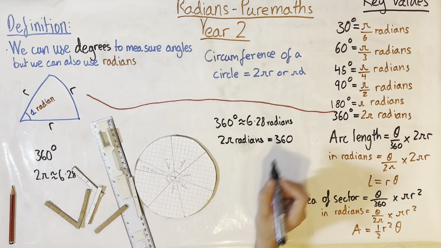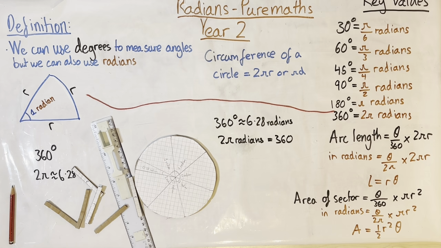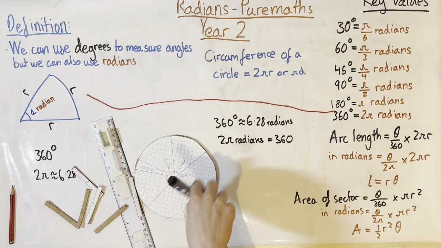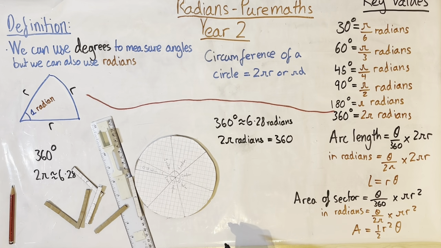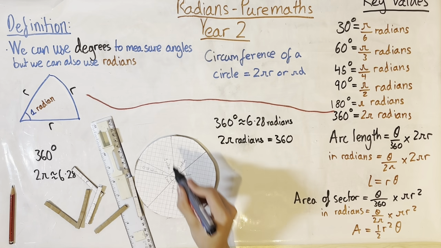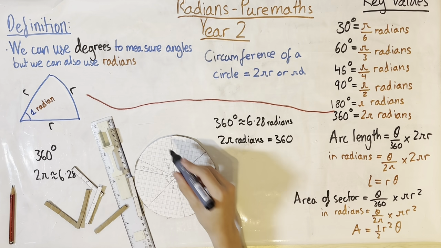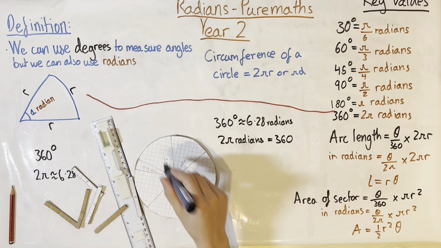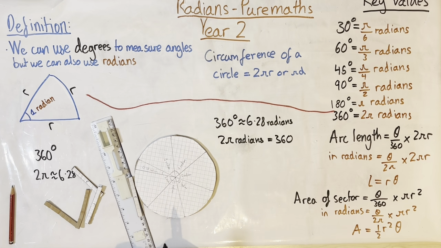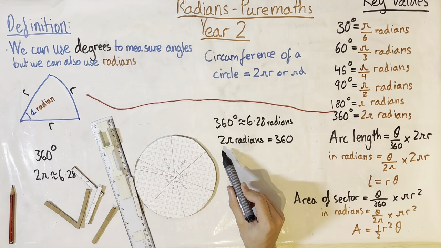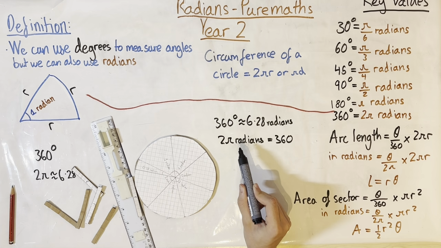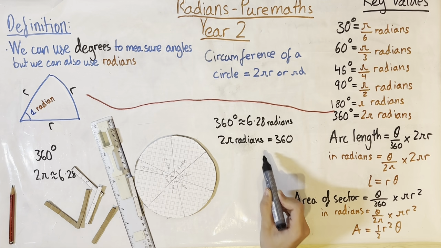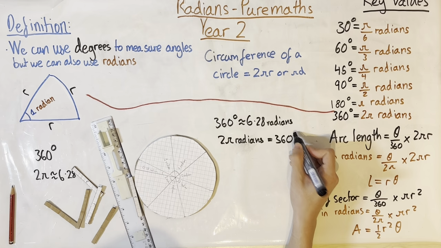Because we've stated that the circumference is 2 pi r, and then we've mapped out the angles between each of the radiuses, we can see that 2 pi radians is 360 degrees.